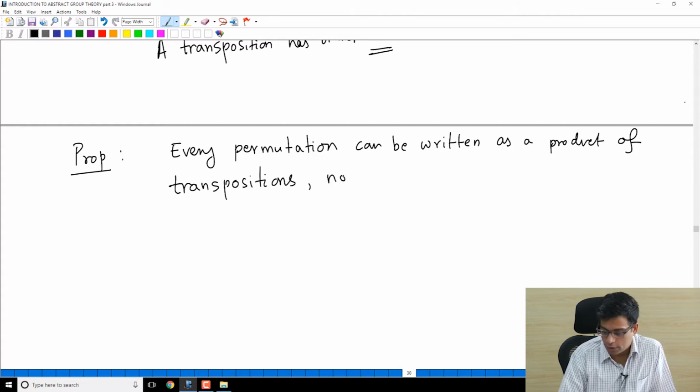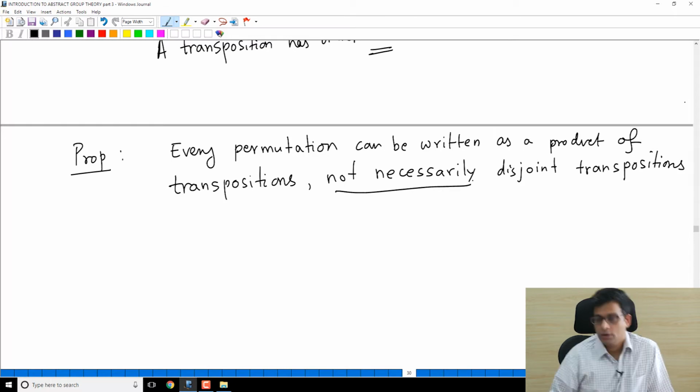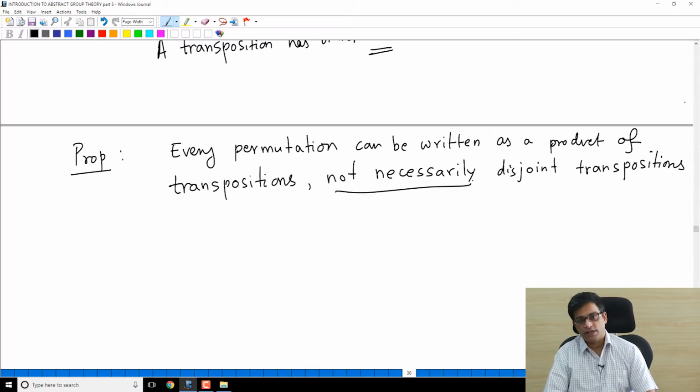But the most important thing to remember is: not necessarily disjoint transpositions. So we can write it as a product of transpositions, but in order to achieve this we have to give up disjointness. We cannot write it as disjoint transpositions.